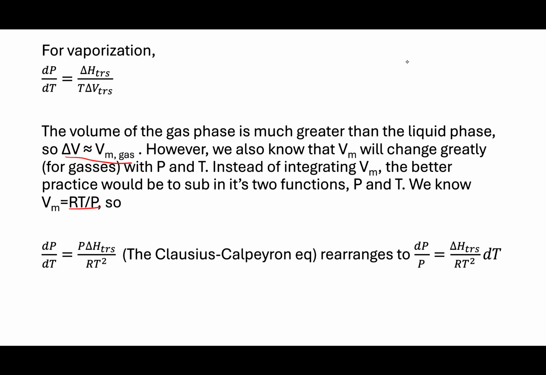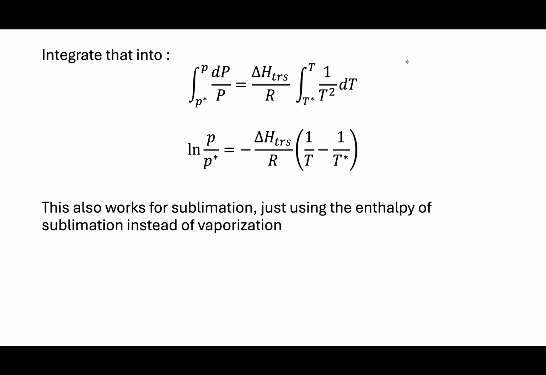If we integrate both sides with respect to their variable, the integral of dP over P from P1 to P2 is the natural log of P over P star, or P2 over P1, however you want to do it. Delta H and R are the constants we're bringing out.